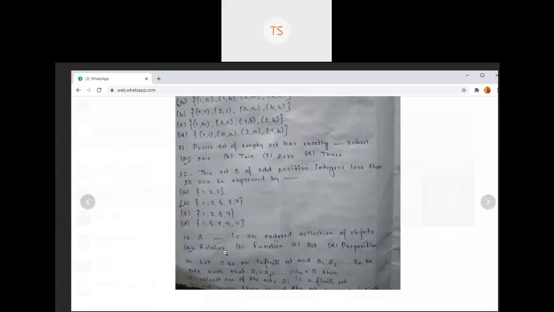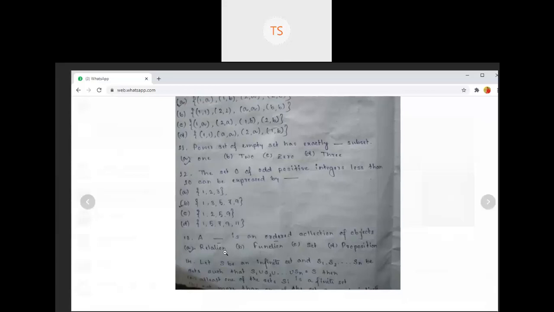Now question number 14. Let S be an infinite set and S1, S2 up to Sn be sets such that if we union all the sets, that means S1 union S2 union up to Sn, we will get the bigger set S, and S is an infinite set. Then which one is the correct option?